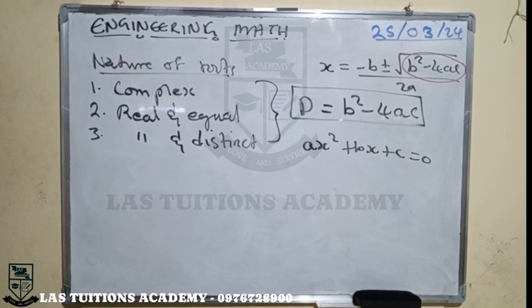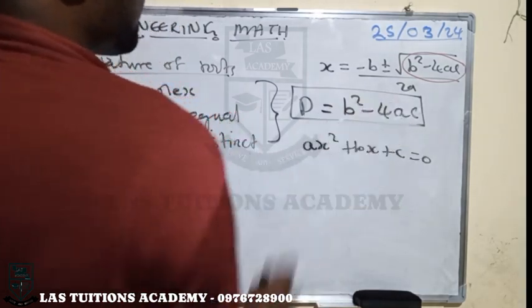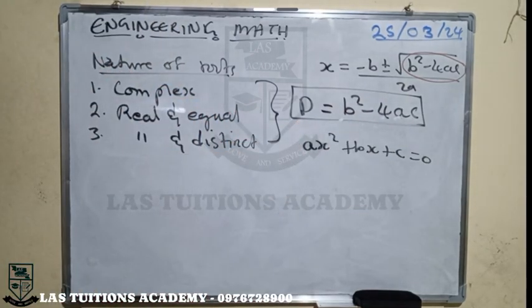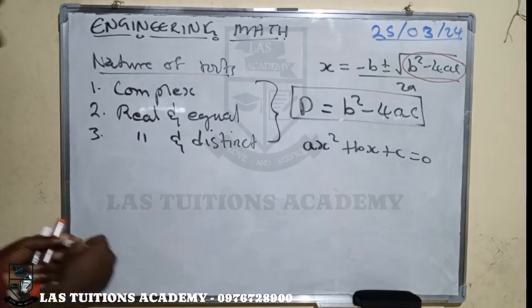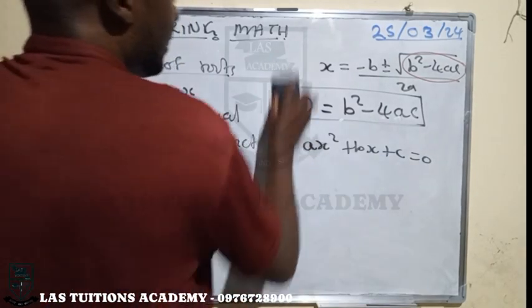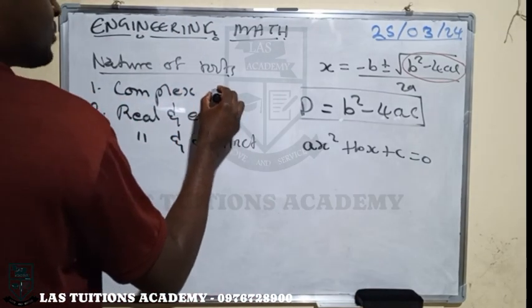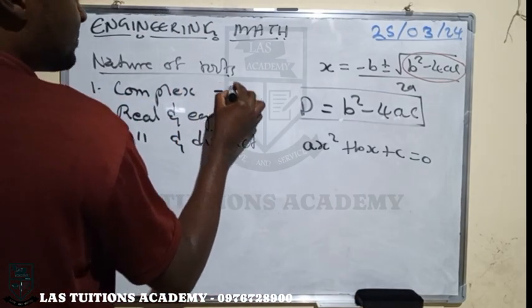So I was saying, when you know a, b, c, then you can replace there and get your D. So it's what you get as your D that determines the nature of the roots. Here for complex roots, we are saying D is less than 0.